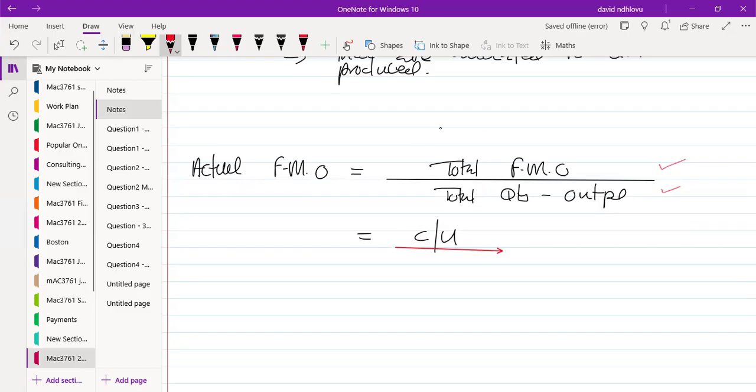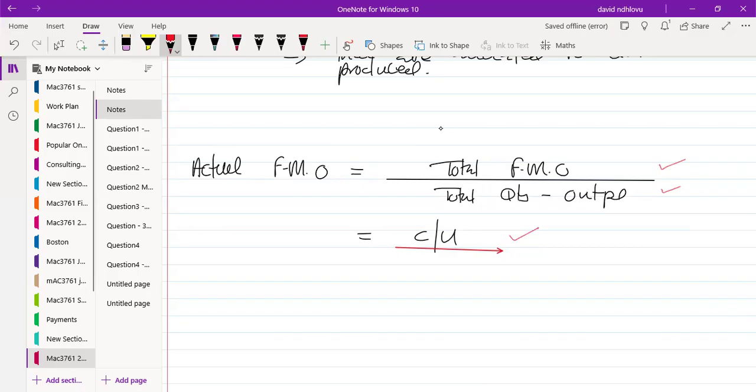However, we are saying we cannot always wait for the end of the year to have the fixed manufacturing overhead cost per unit. Remember, if we are using absorption costing, the fixed manufacturing overhead cost will go into the costing of the product. And once we have the cost of a product, we can determine the selling price.